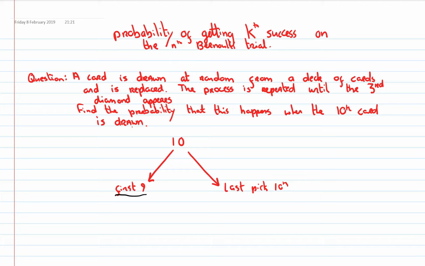If we look back at the last video on Bernoulli trials, for the first 9 we ask how many ways can I choose 2 cards from 9. Well, 9 choose 2, multiplied by the chance of success. What's my chance of getting a diamond? It's 13 out of 52, and I want that twice, because I want that many successes.